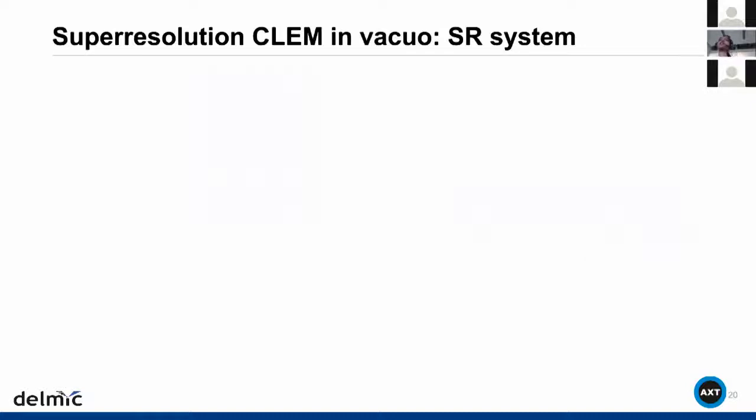One of the highly specialized applications possible with the SECOM has been developed into a special super resolution system. So it's a super resolution microscope developed based on the SECOM, which allows you to carry out CLEM, simultaneous correlative light electron microscopy in vacuum. In this system, there is a special workflow.